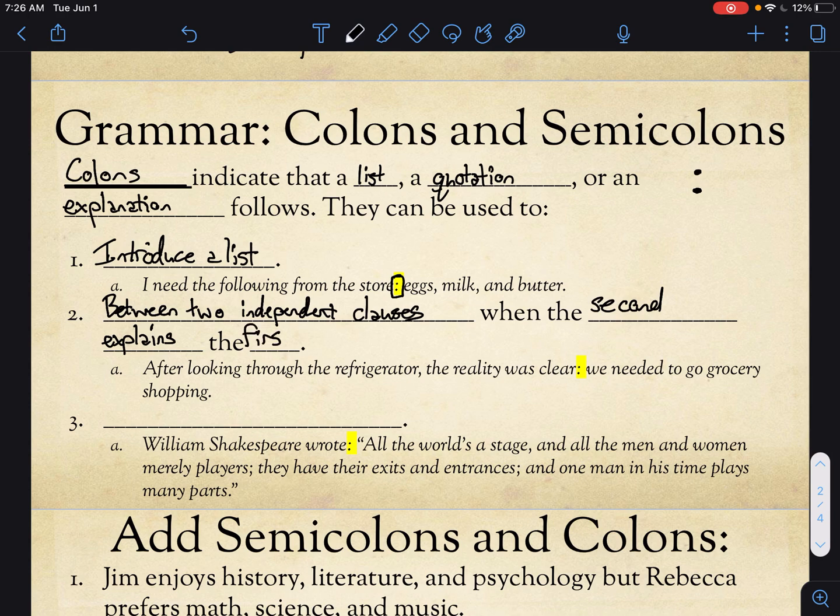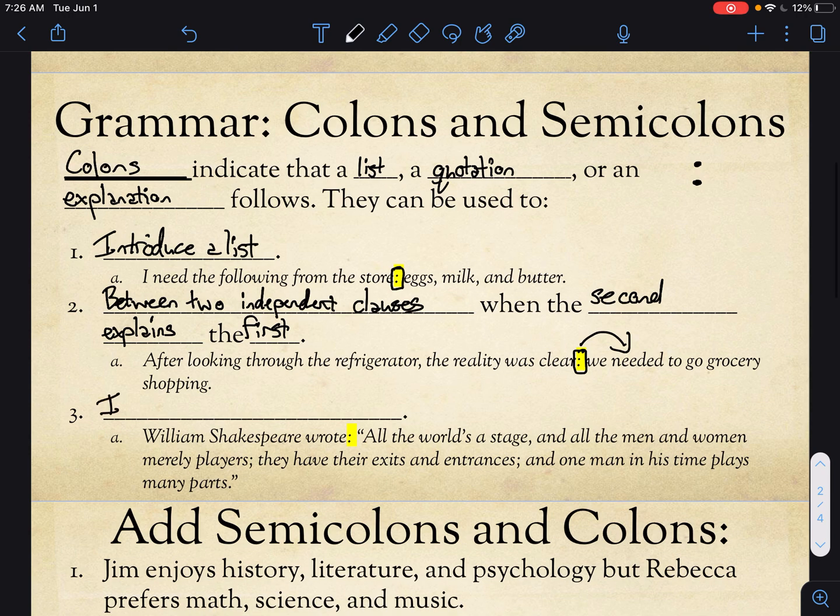In this example, after looking through the refrigerator, the reality was clear, colon, we need to go grocery shopping. So if the second clause explains the first, that's when you use the colon.